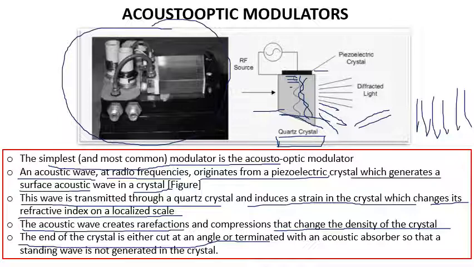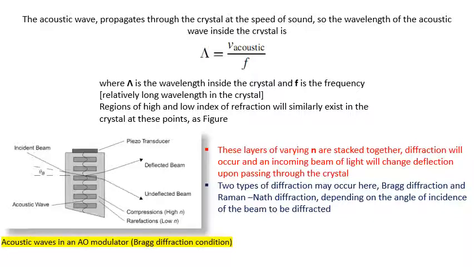And this figure is an actual acousto-optic modulator. This is a cooling system here, and the components are inside. In this slide, we see this equation, and this equation is very important.